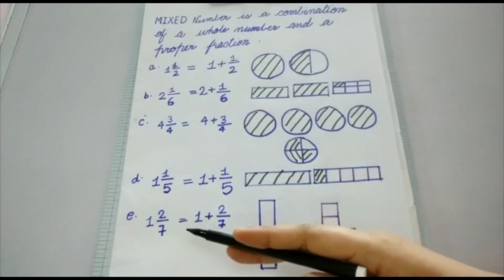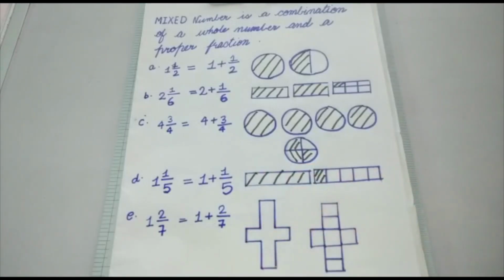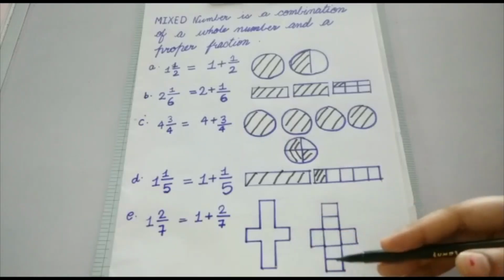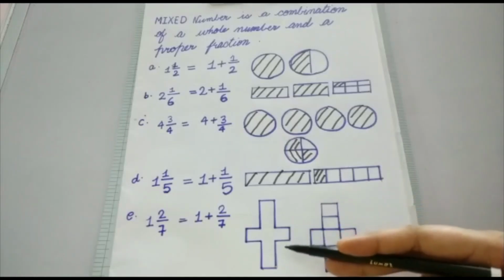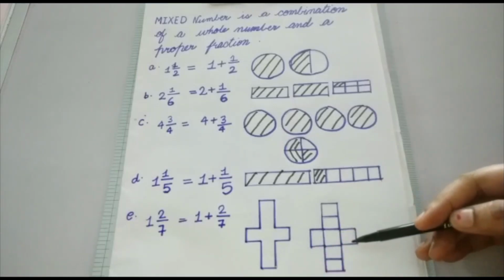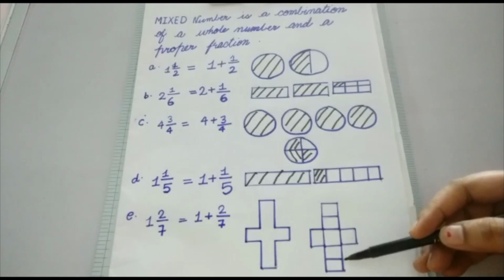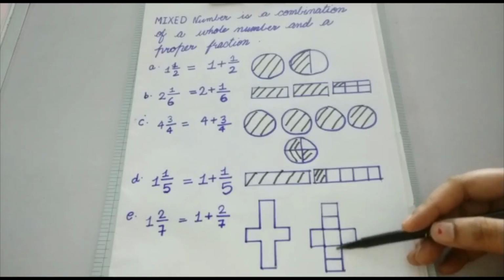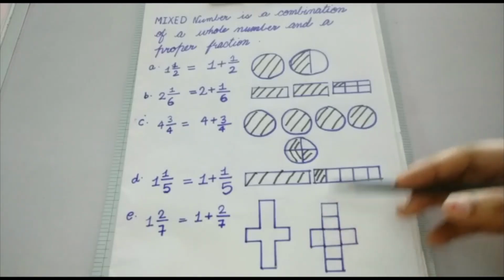Now let's take example number E. That is 1 2 by 7. We have 2 plus signs here. You can see this is a complete whole plus sign, and this plus sign is divided into 7 equal parts, 1 2 3 4 5 6 and 7.